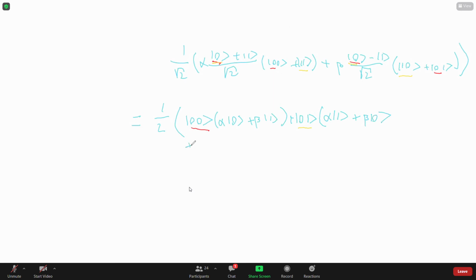Now, the next thing she can measure is 1, 0. That comes around by having this one and this term, and from this term and this term.